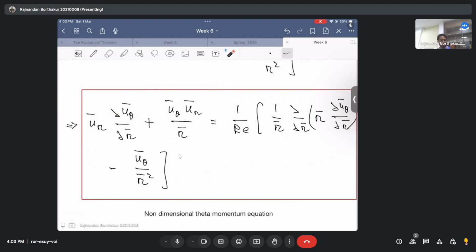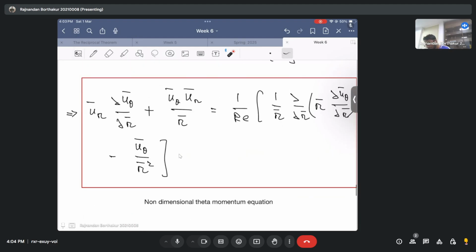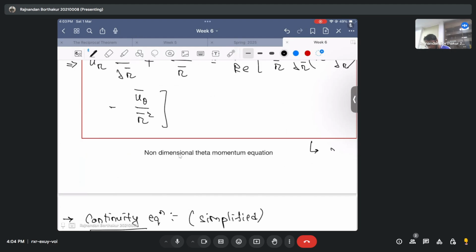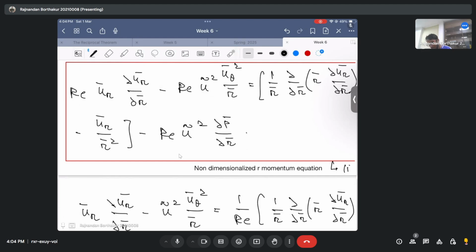Okay, because one of the velocity components is known, we will use the theta momentum equation, because it doesn't have pressure. So the only unknown that we have in the theta momentum equation is u theta. And we will do this by substituting the form of u r bar, which is just minus 1 by r bar. So I'll name this as equation 2. I will name this as equation 1, that is the r momentum.